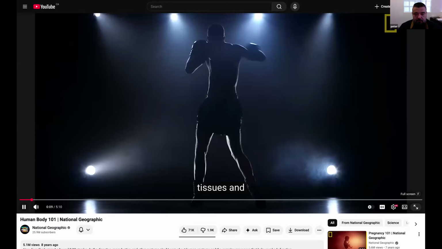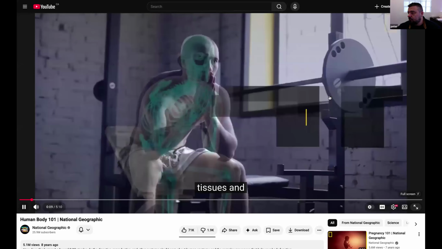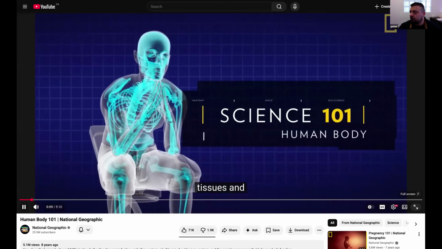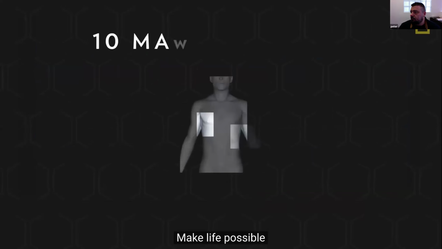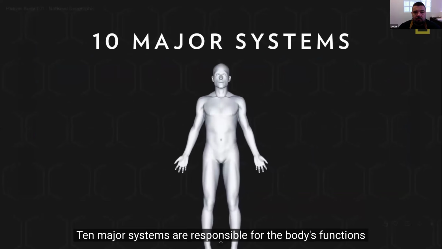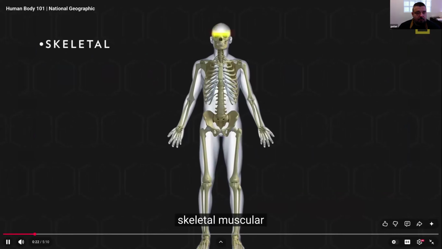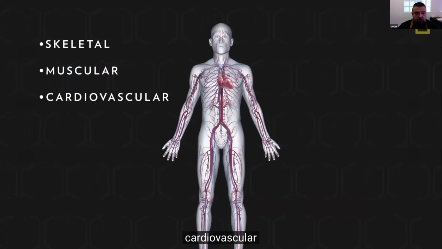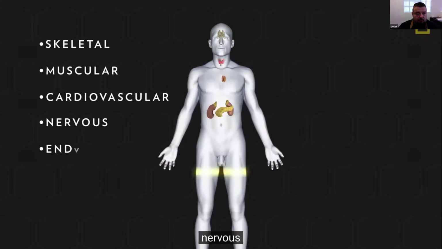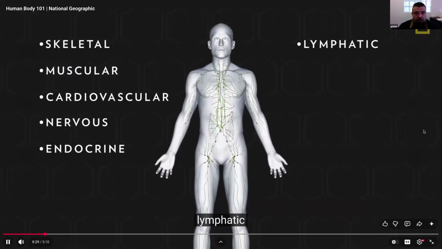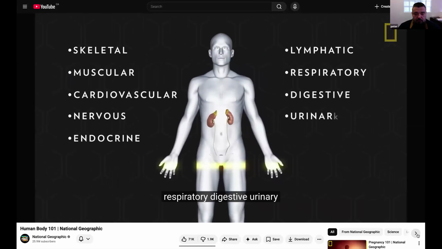But yeah, let's see. Complex network of cells, tissues, and organs that together make life possible. 10 major systems are responsible for the body's functions: skeletal, muscular, cardiovascular, nervous, endocrine, lymphatic, respiratory, digestive, urinary, reproductive.